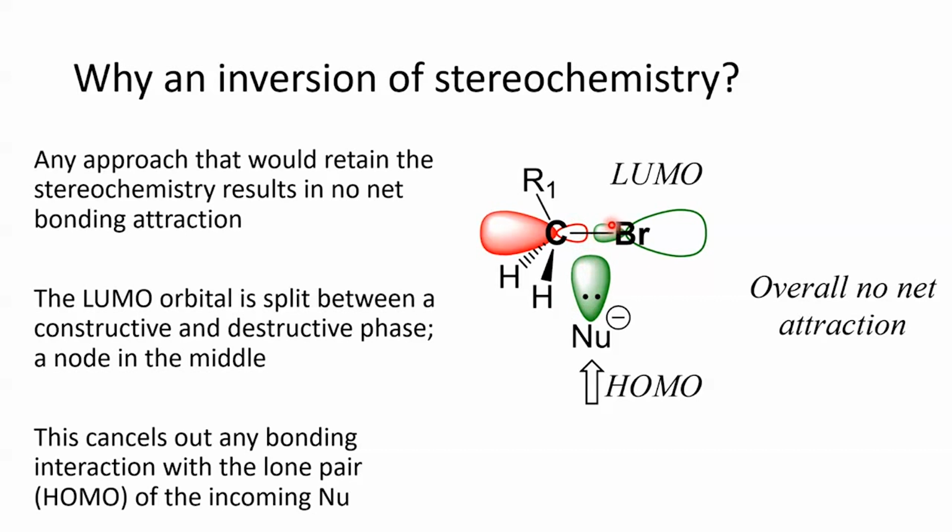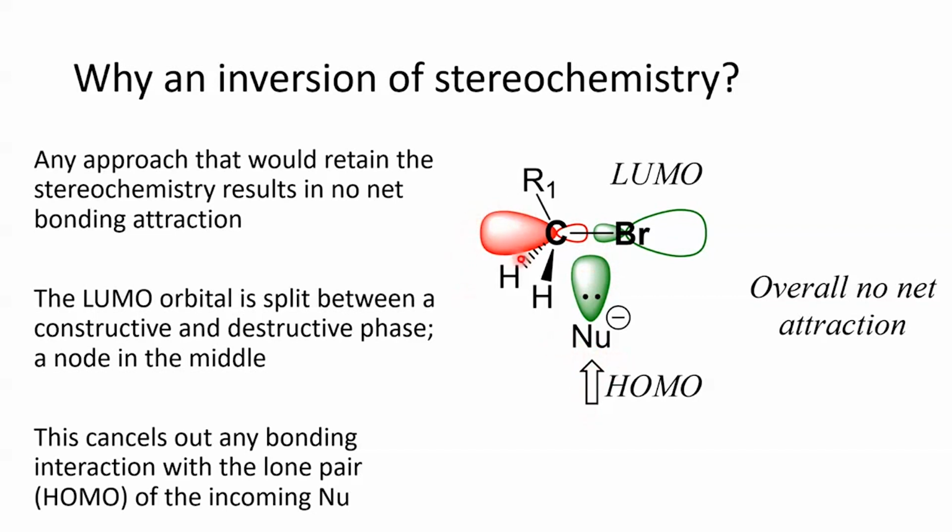So the nucleophile cannot come in from this orientation because effectively this is a non-bonding interaction. Any stabilization you would get by combining the same phase of wave function is equally providing a destabilizing interaction. So the net overall is nothing. You can't form a bond by the nucleophile coming in from the bottom.